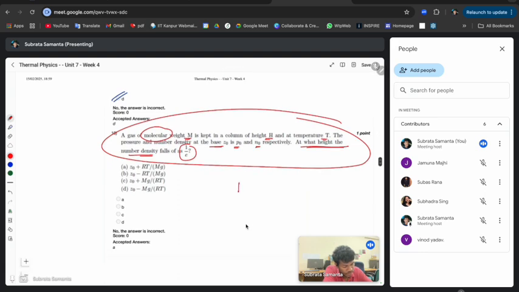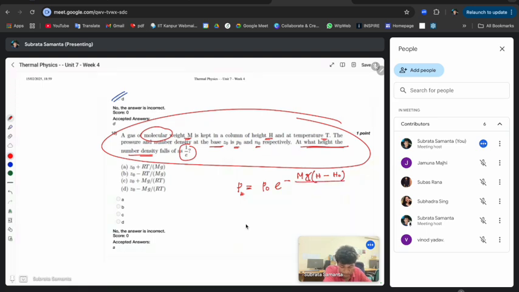So you know that the pressure at height h, P_h, equals P0, the base value, times e to the power minus mg(h minus h naught) divided by RT, where the base height is h naught.